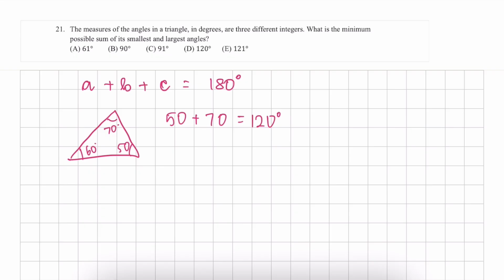So I thought of another strategy. What if my triangle, this is not to scale, has a smallest angle of 1 degree? If it's 1 degree, I can have anything as my largest angle, but I wouldn't want my largest angle to be super large, because I want a minimum sum, not that big of a sum.